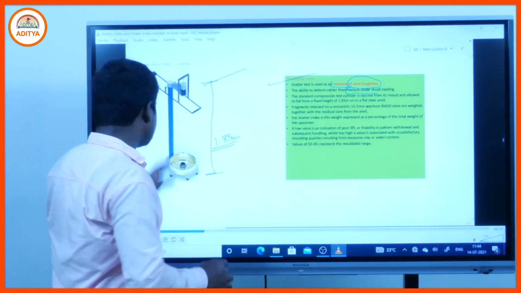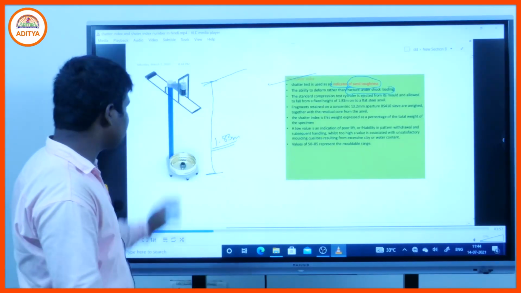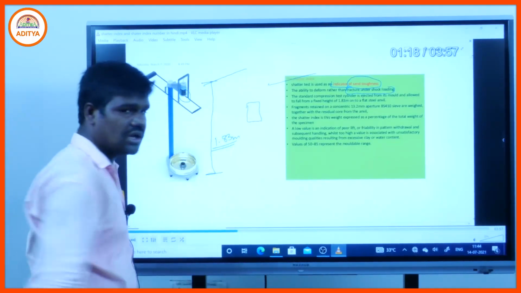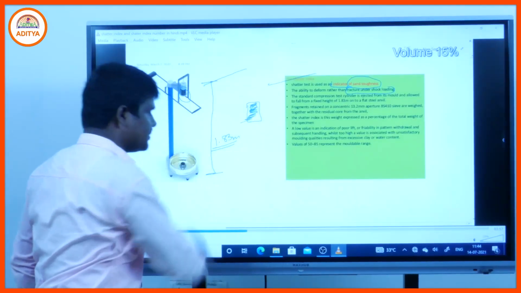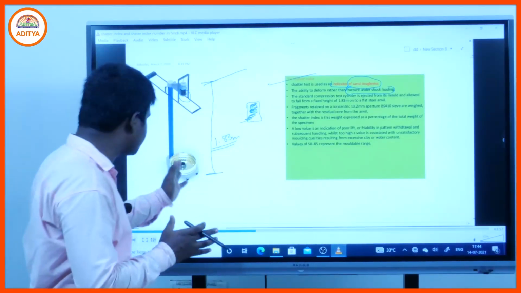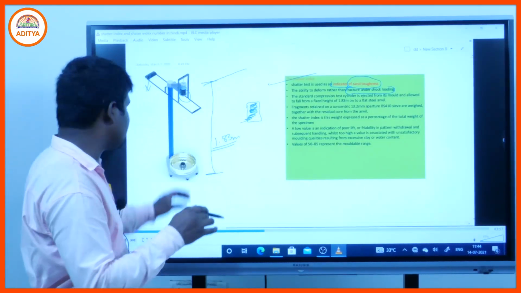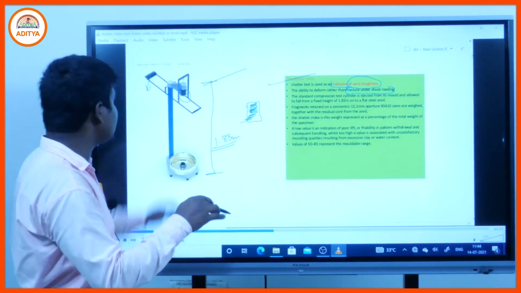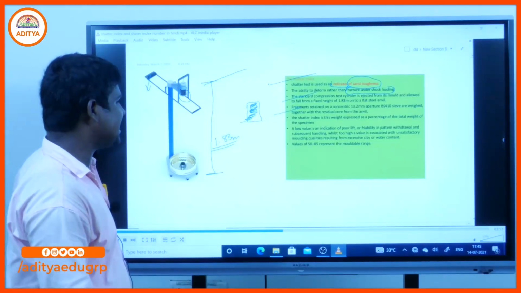Here we drop that particular specimen onto that sieve. After it falls, some extra material will remain on that particular sieve. Then we take the weight of the material which is kept on that sieve. We take the weight of that remaining material on that mesh size, multiply by 100, and divide by the total weight of that particular specimen. Using that, we find out the Sator index.